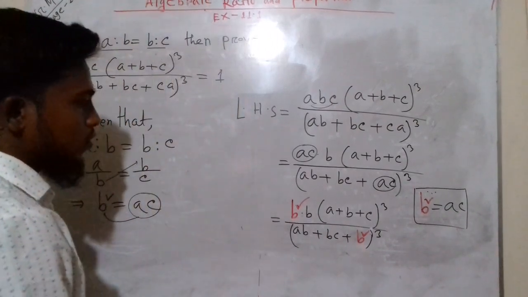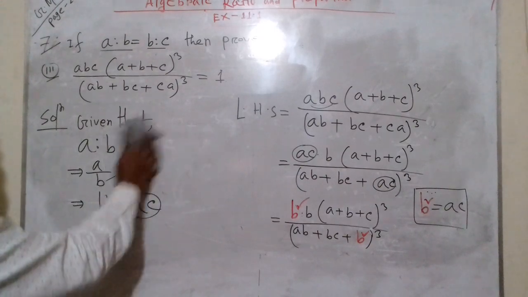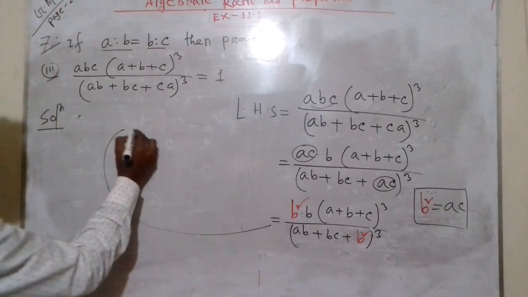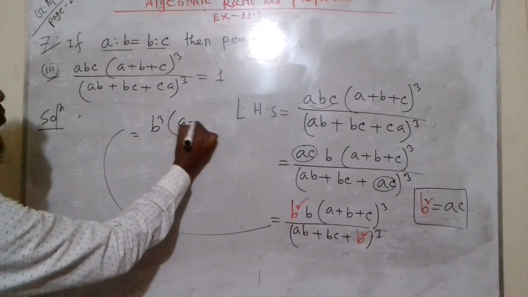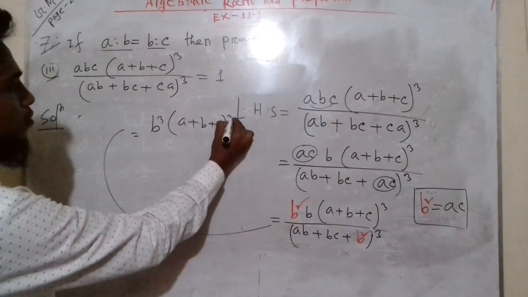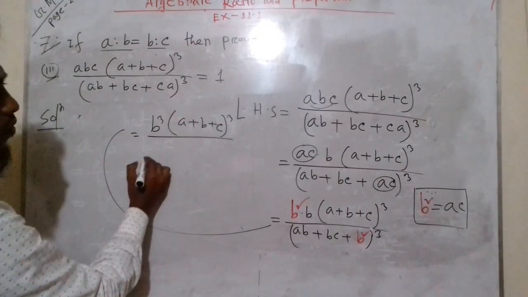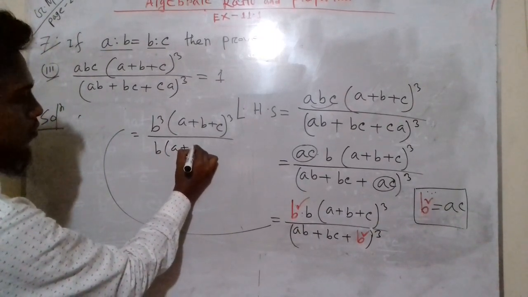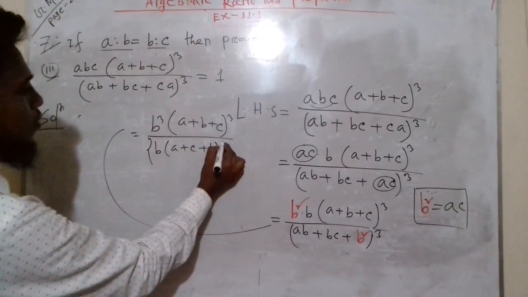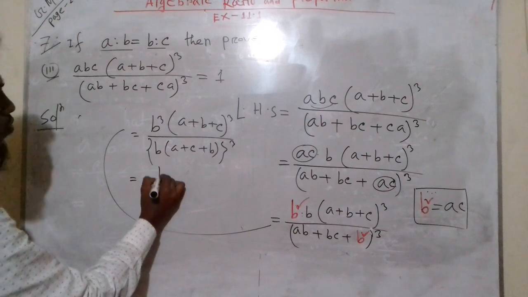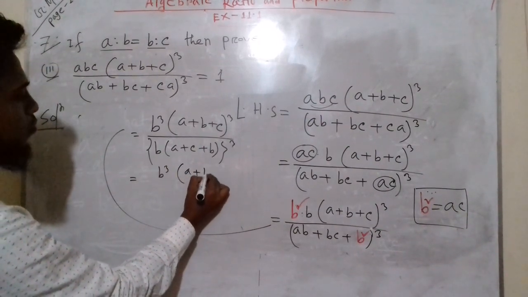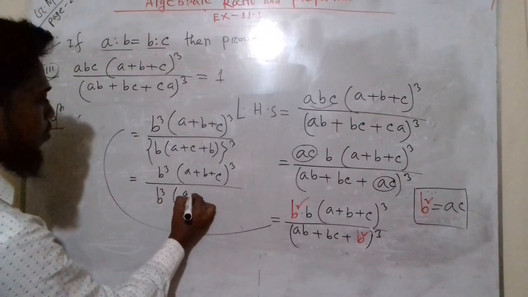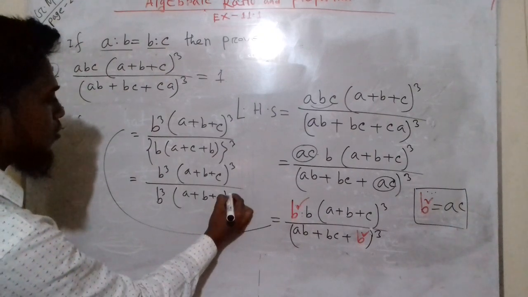So we can write b cube into a plus b plus c whole cube divided by, here we take common b, a plus c plus b whole cube. So b cube into a plus b plus c whole cube divided by b cube into a plus b plus c whole cube.